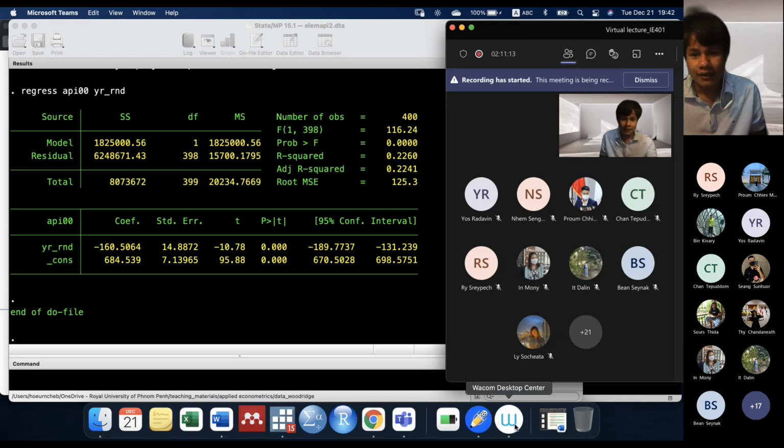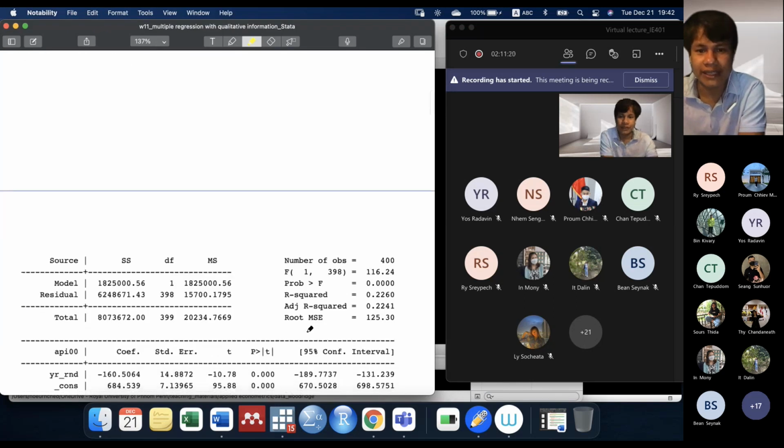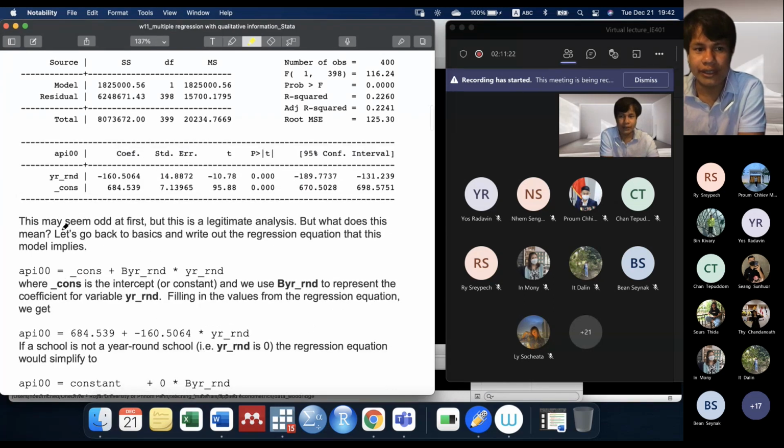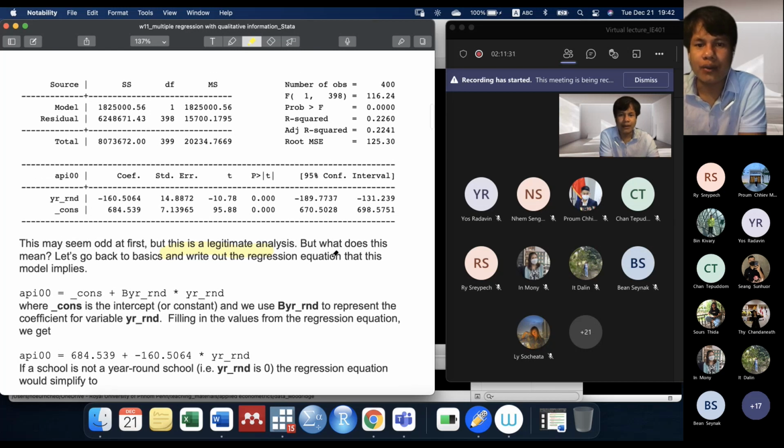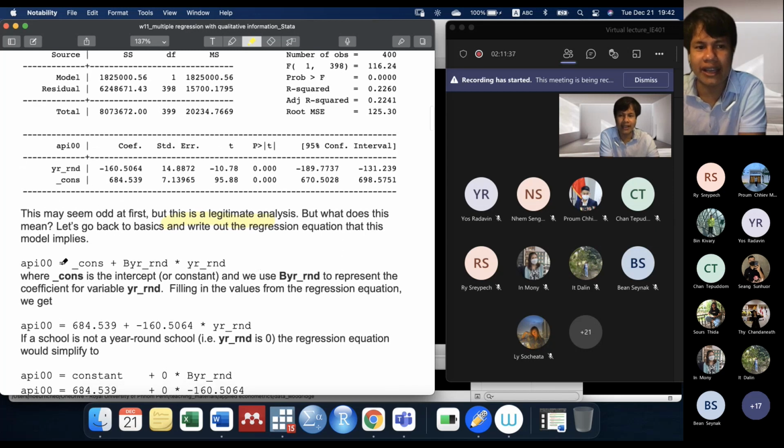All right, so let me get back to the handout. Here we obtain this result. This may seem odd at first, but this is the legitimate result analysis. But what does this mean? We can go back and write the equation of this model.